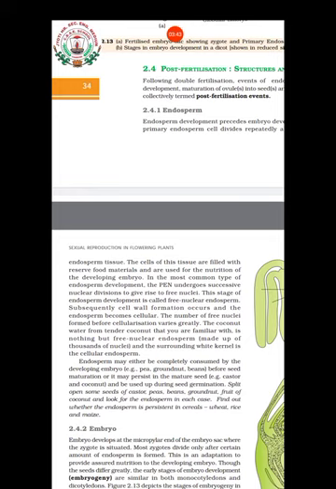And I have explained how this endosperm nucleus will divide and form the endosperm. The endosperm's function is what? It gives nourishment to the developing embryo, isn't it? The developing embryo is getting the nourishment from the endosperm.